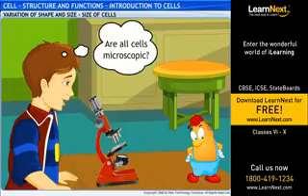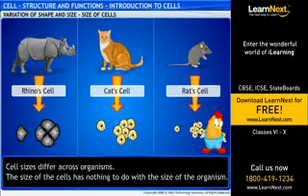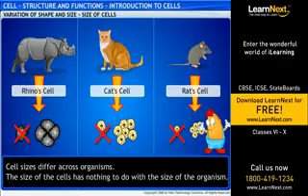Are all cells microscopic? I would have thought the cells of smaller organisms were smaller than those of big animals, like, say, an elephant? Cell sizes differ across organisms. However, the size of the cells has nothing to do with the size of the organism.